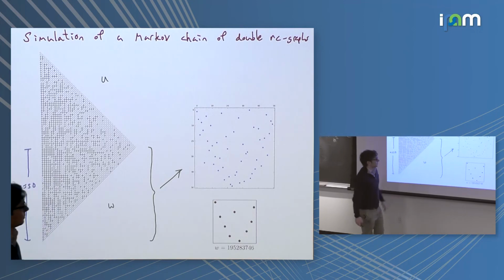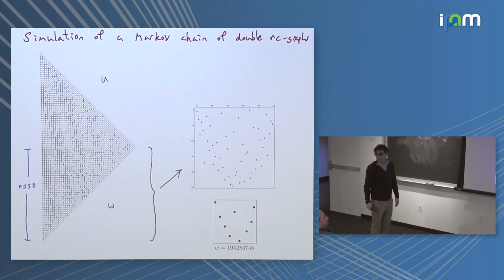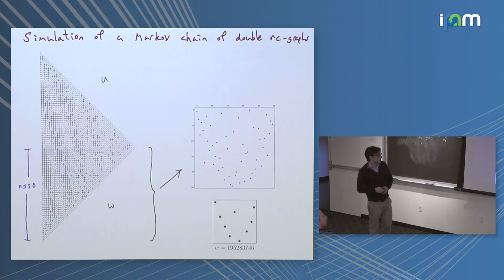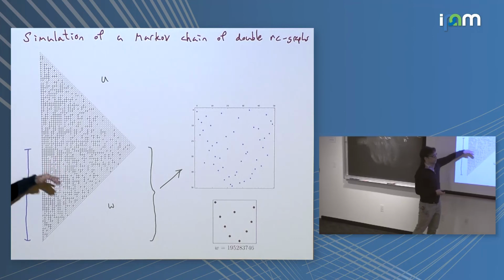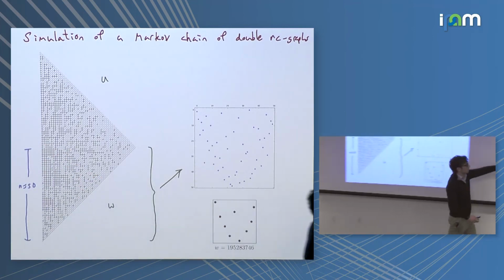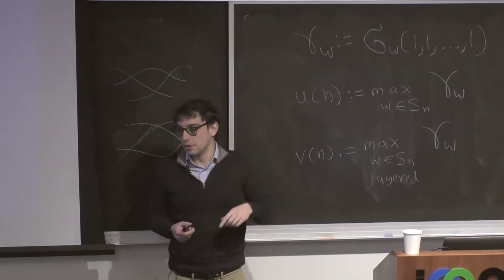But we have no other tools or anything, so any ideas that you have would be welcome. But it's asking a different question. Well, the question is, what's the permutation? When you focus on just a single specialization, you want to know what permutation maximizes it, and it seems to be these layered permutations.